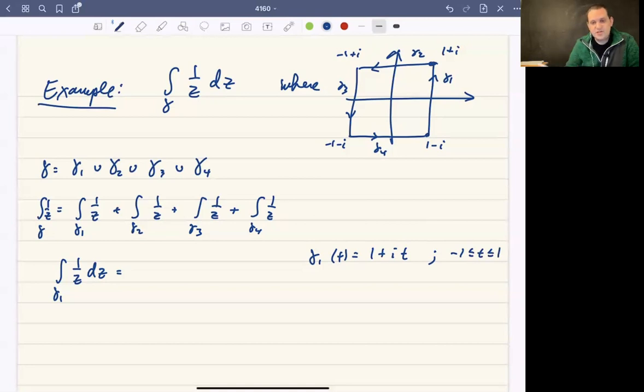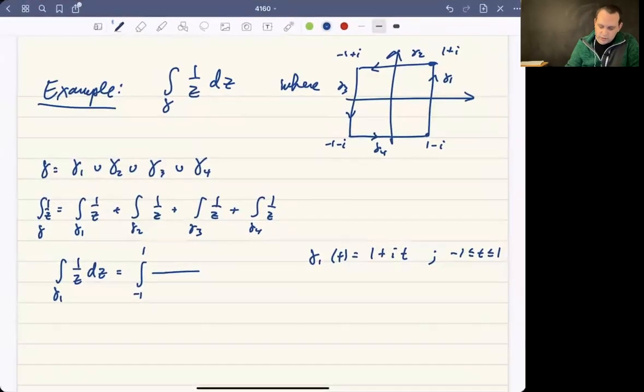And just by definition of the line integral, we're going to write this integral as the integral from negative 1 to 1, because those are our bounds for the parameterization of gamma 1. And we're going to compute f of gamma times gamma prime. So f of gamma means we take gamma and plug it into z.